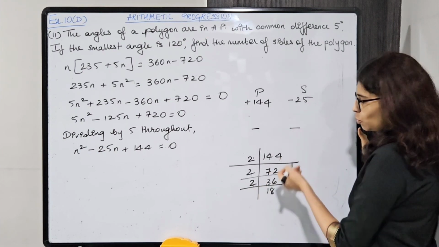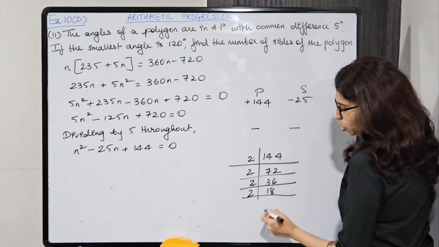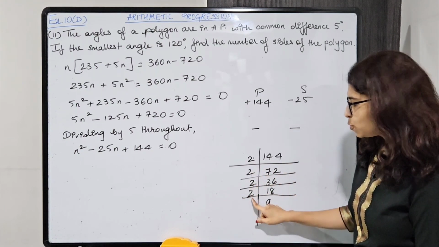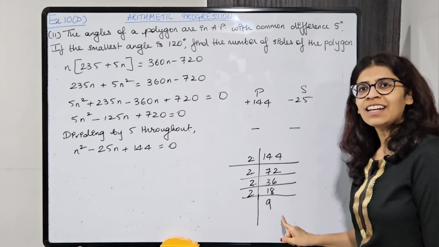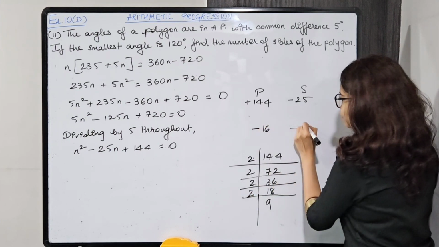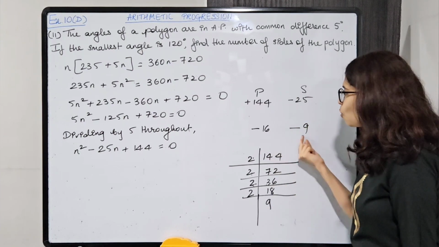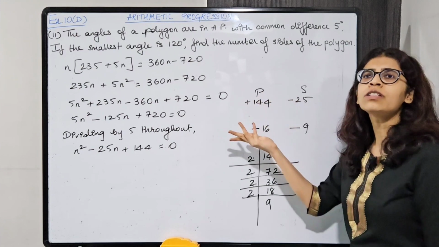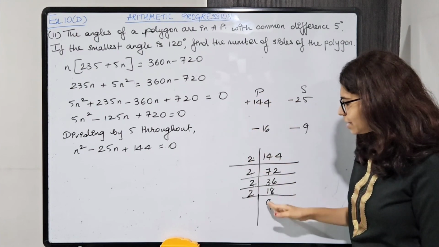Okay, so let's factorize further. 2 9s, 2 2s are 4, 4 2s are 8, 8 2s are 16, 16 and 9 दोनों को add करो, minus 16 minus 9, दोनों को add करके मुझे minus 25 मिल रहा है, and multiply करके of course 144. Okay, यहाँ पे factorize किया है.